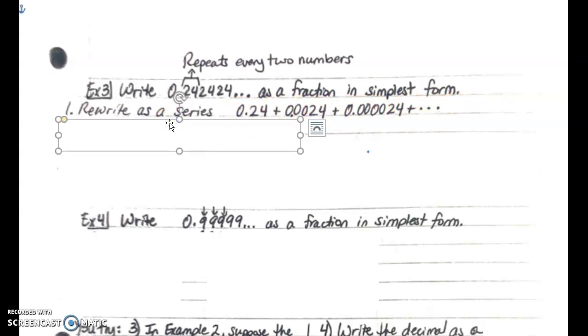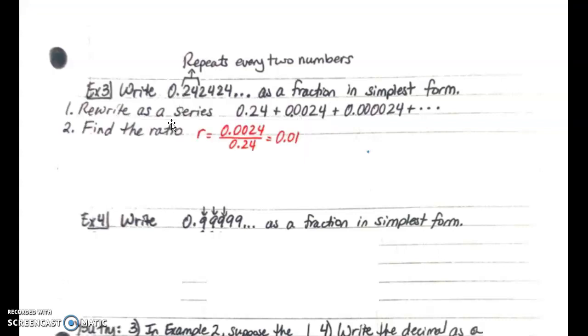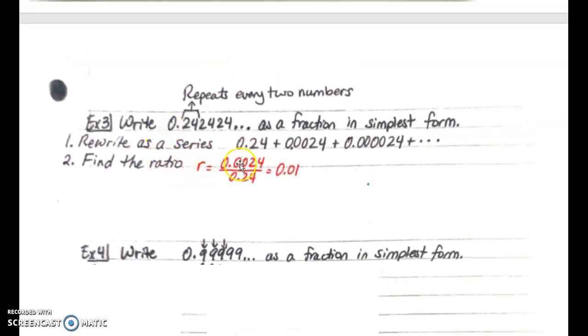Okay. The next thing you want to do is take that and find a common ratio. So using this series here, find your common ratio. You take the next term divided by the previous, 0.0024 divided by 0.24, and that gives you 0.01.